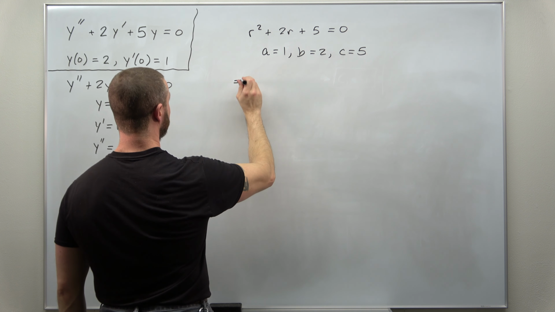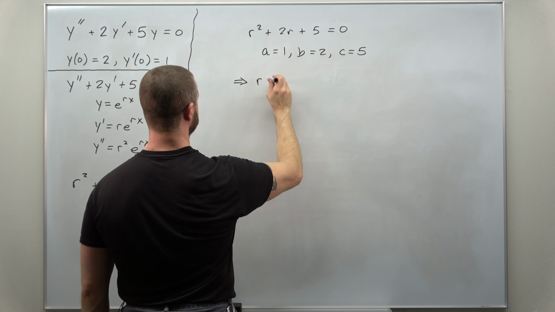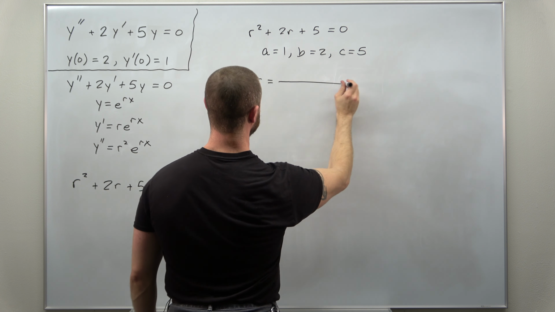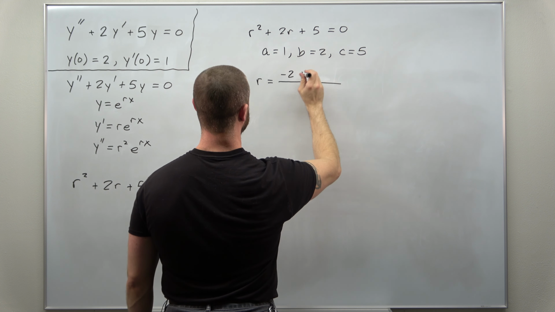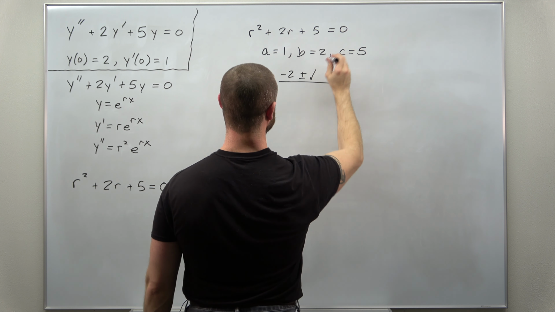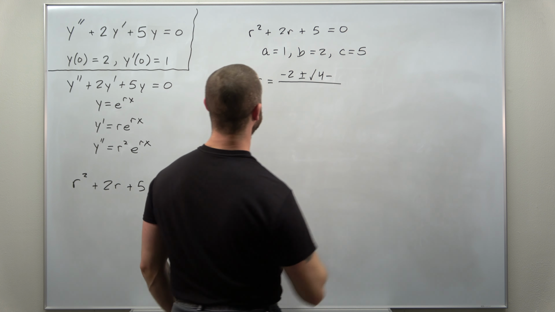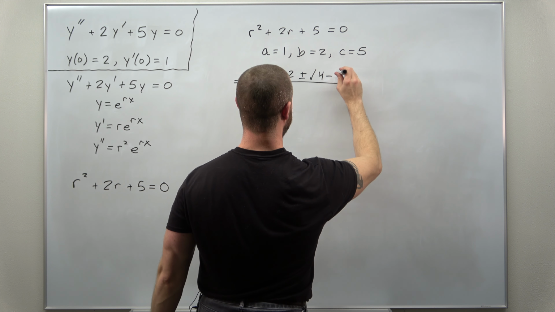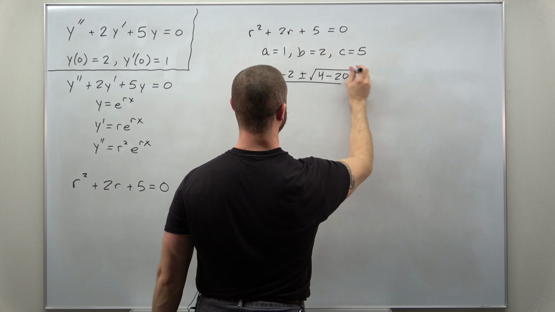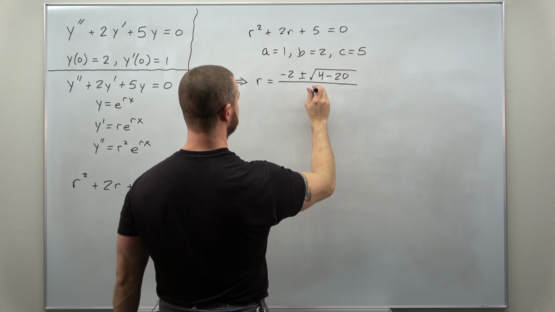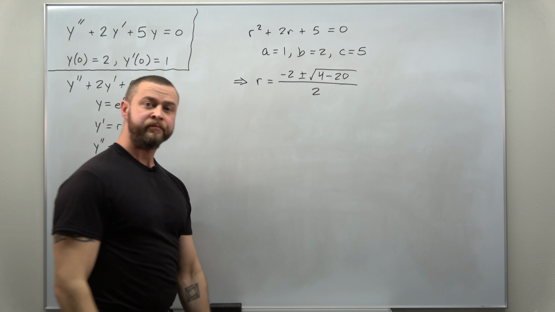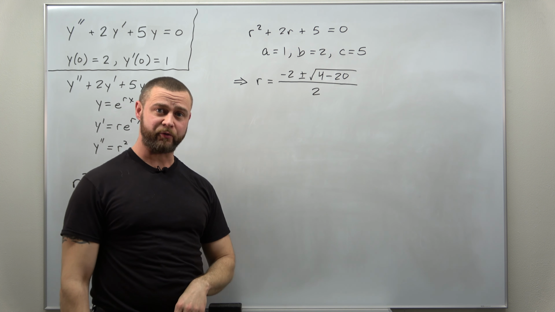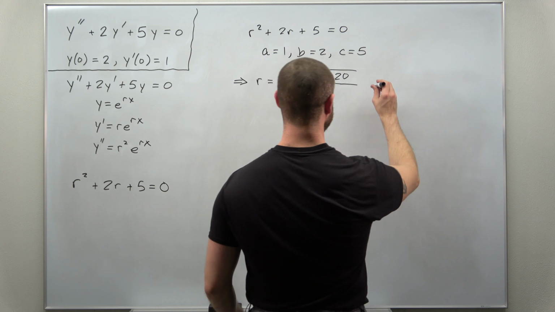So the quadratic formula should give us r equals negative b, so negative 2, plus or minus the square root of b squared minus 4ac. It looks like that's going to be minus 20, and that is all over 2a. All right, notice we're going to get a negative inside that square root, so that's going to give us negative 16.